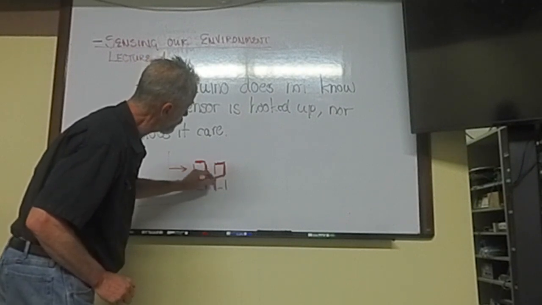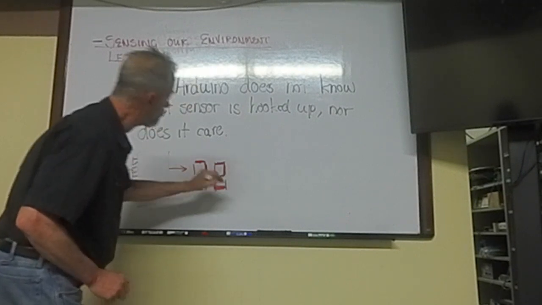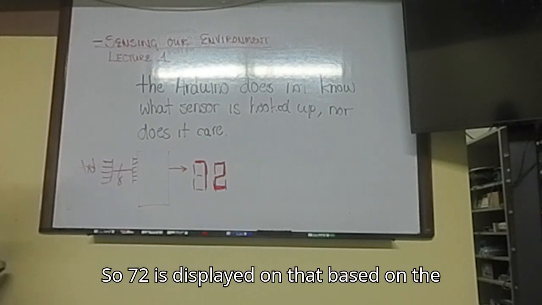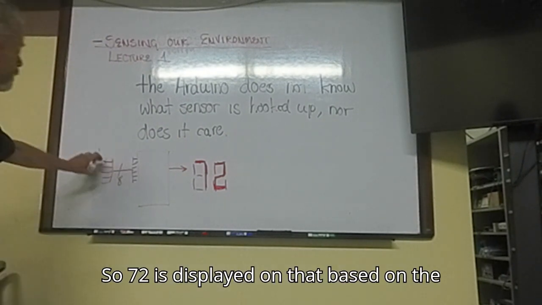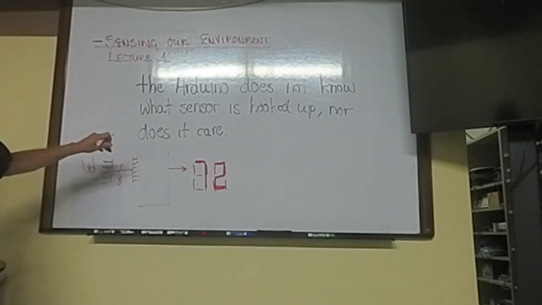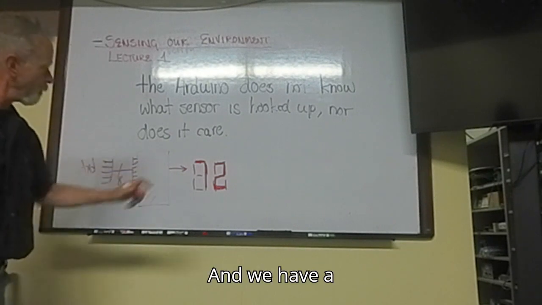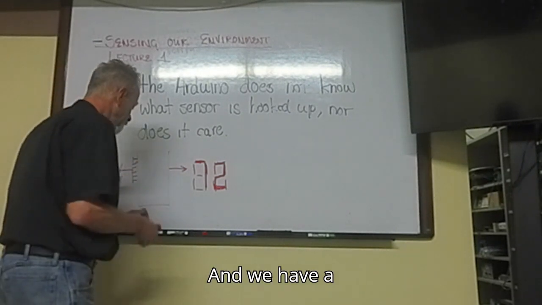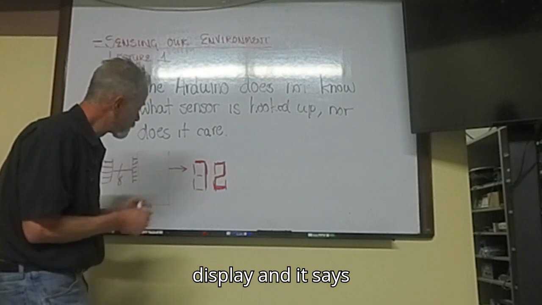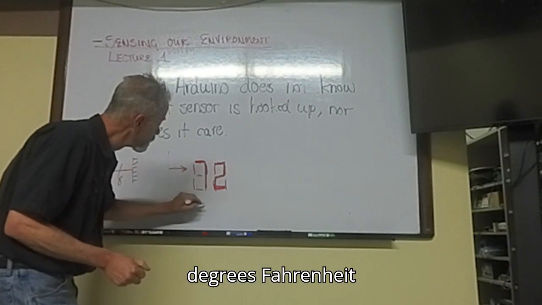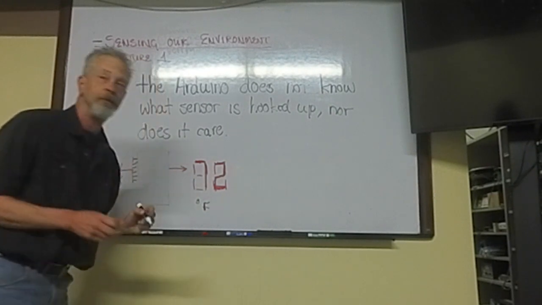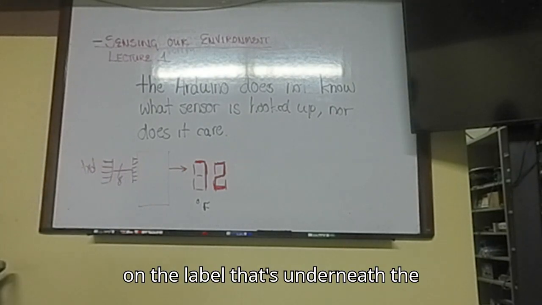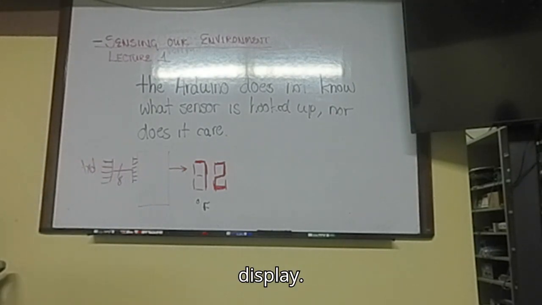Here's 72. So if 72 is displayed on that, based on the input here, and we have a display that says degrees Fahrenheit on the label underneath the display.